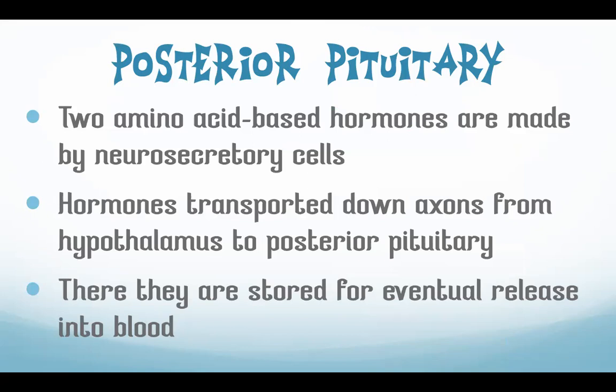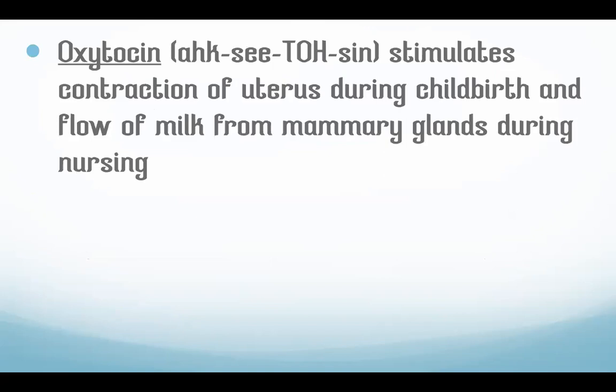And you might say, well, when are they released? It depends on the situation, okay? It depends on the hormone and the environment. So the first hormone that is made by the hypothalamus that is stored in the posterior pituitary is called oxytocin. This is also called the, what do they call it?